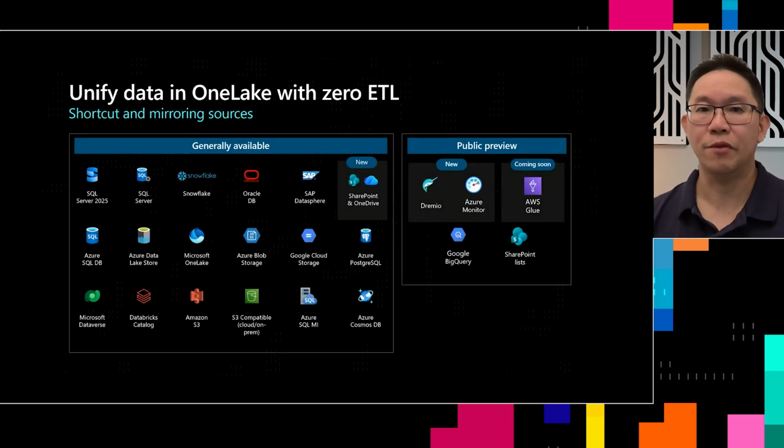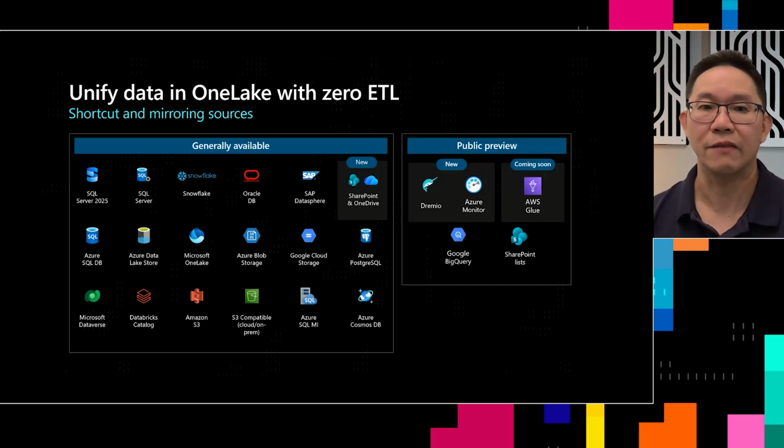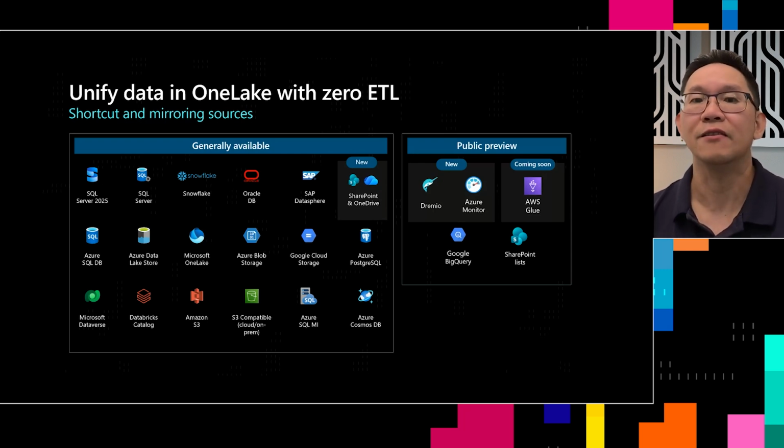Now, since we shipped shortcut and mirroring a while ago, we're so excited that now there's lots of data sources that are generally available. Whether it's the SQL family of products from SQL Server 2025 to on-premises SQL Server and many, many more. At the same time, shortcut and mirroring allow you to connect to data sources like Snowflake, Oracle Database, SAP Datasphere.